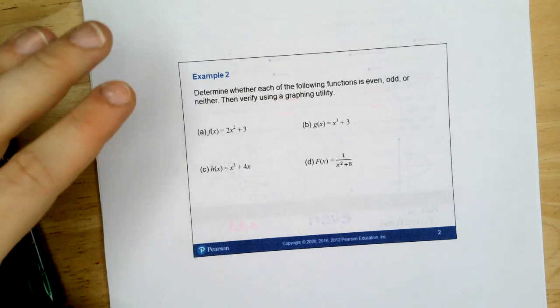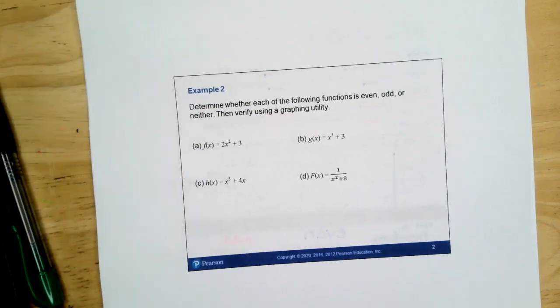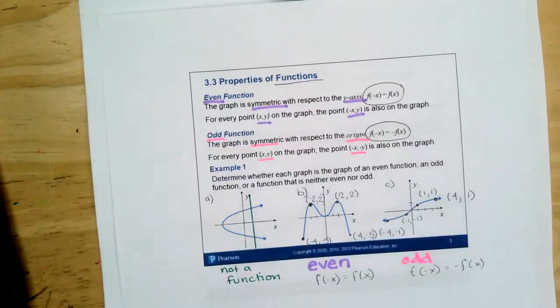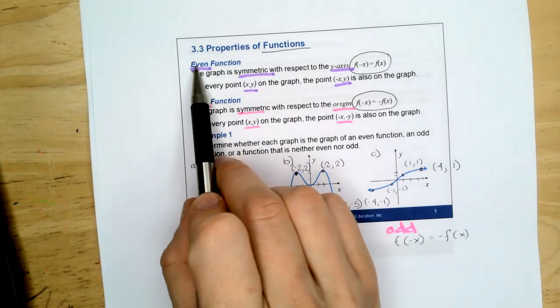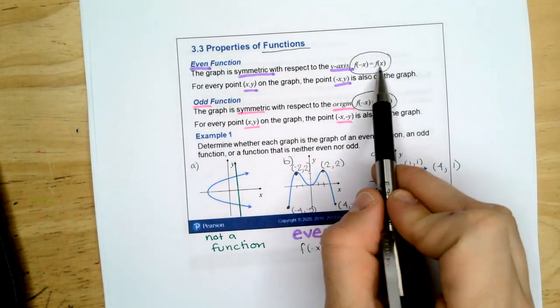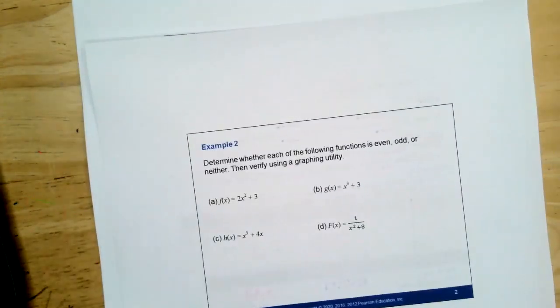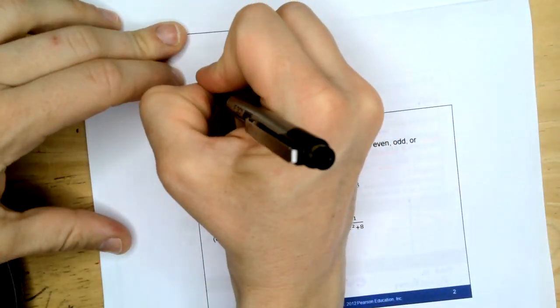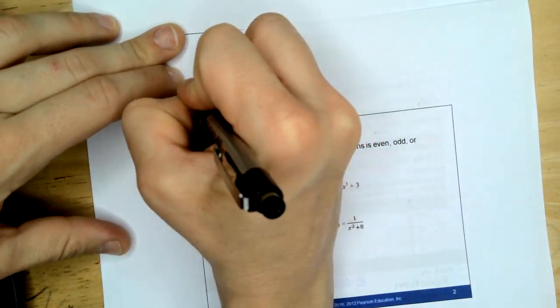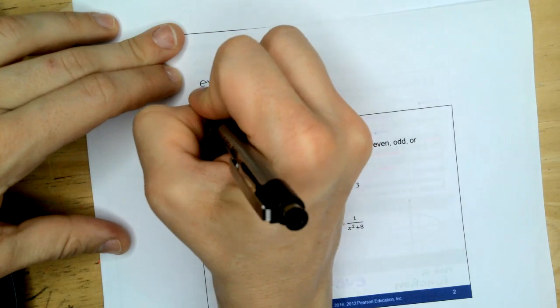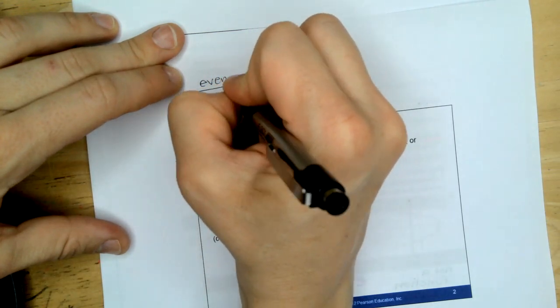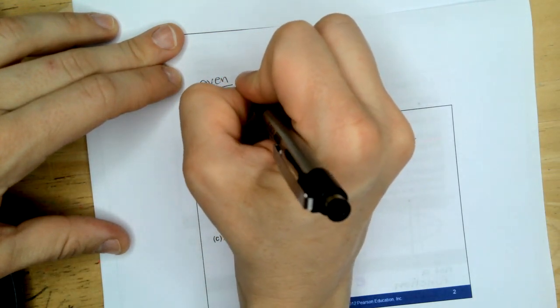So what we want to do is remember the two rules. If it's even, f of -x will equal f of x. So I'm going to write that down. If it is an even function, then when I change x to -x, my answer is going to be the same as the original answer.